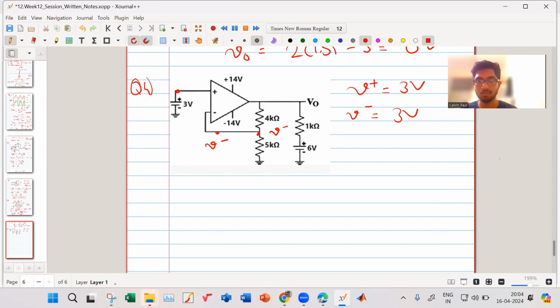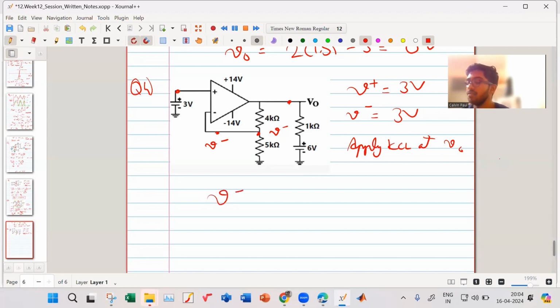V naught will be equal to these two currents. If we apply KCL at V naught, sorry, at V minus, what is V minus? 3.